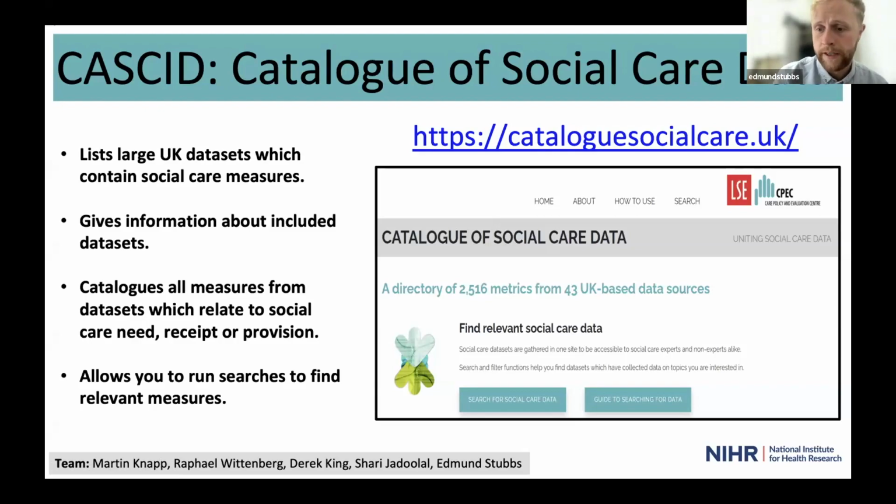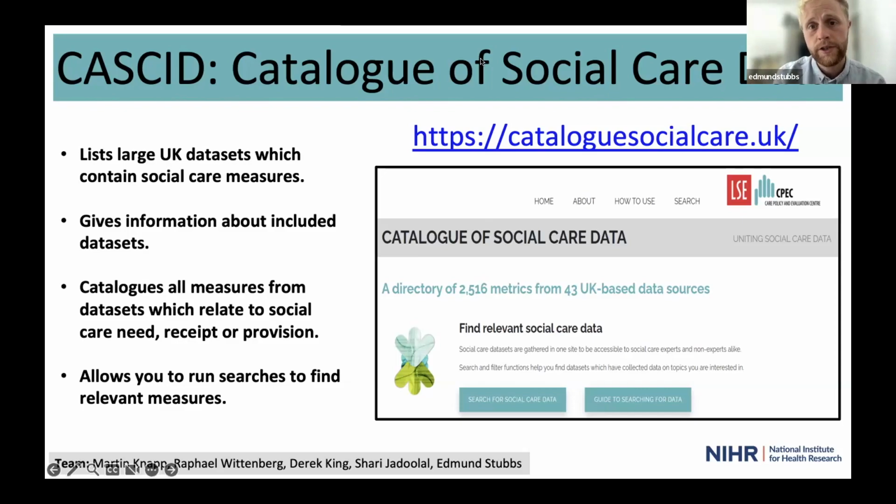So what we've done is we've found large UK data sets. We've recorded lots of information about the data sets, and then we've gone through all their study documentation, or any ways such as Excel templates, however they collect their measures, and we've listed all the measures we could find related to social care. So essentially what we've got is a massive list.